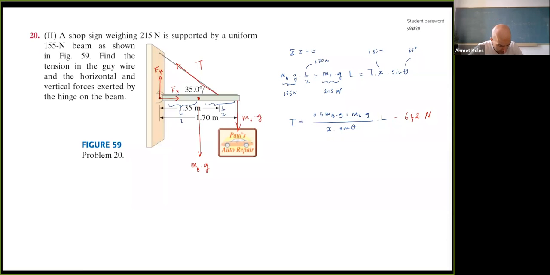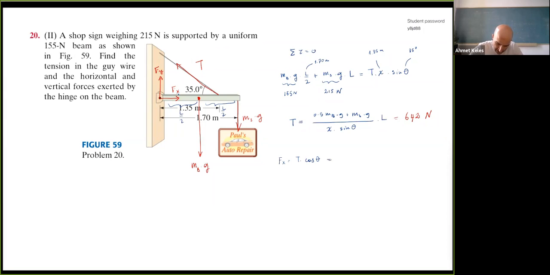So we found the tension in the guy wire, now the horizontal and vertical force exerted by the hinge. So how do I do this? What is Fx and what is Fy? We can calculate the X component of the tension. Yes. So if we look at the components, this component can only be balanced by the X component of tension. So we can use this to calculate Fx. So Fx is basically T times cosine theta.